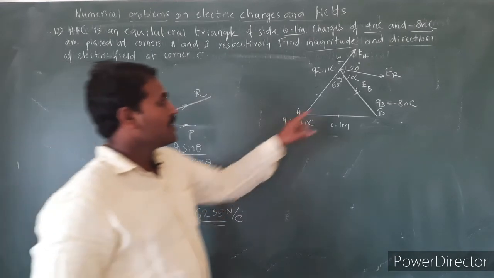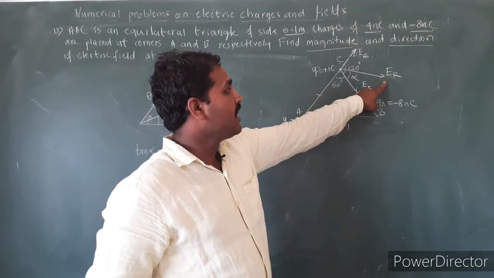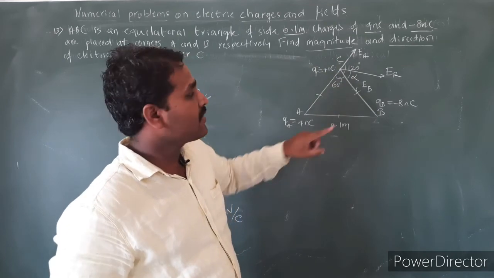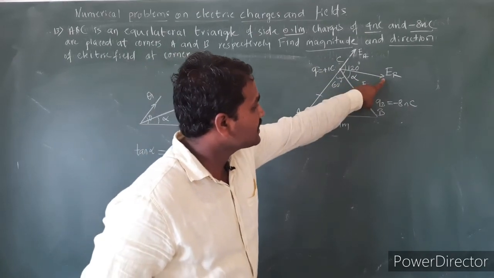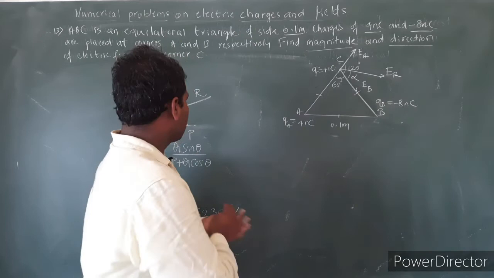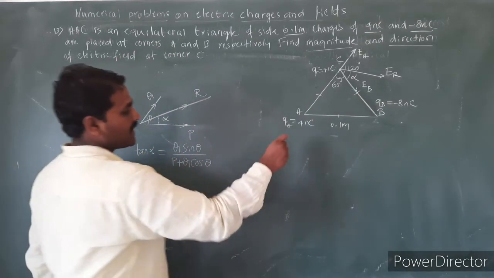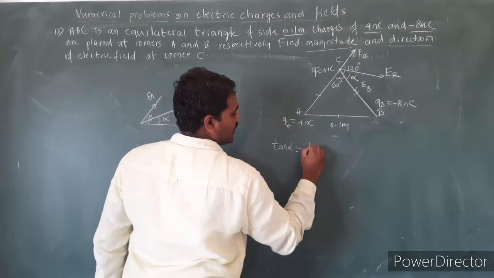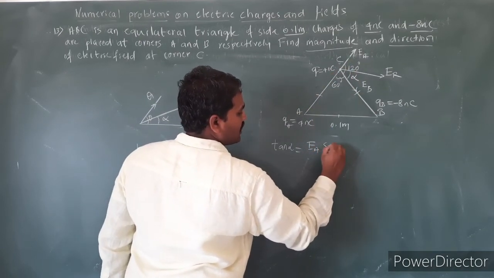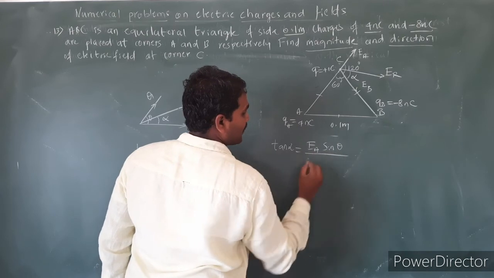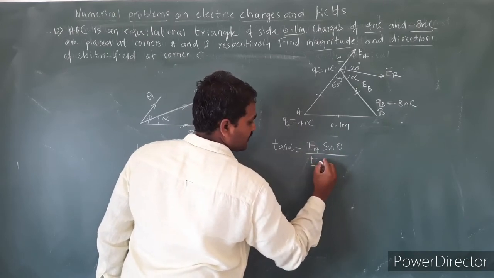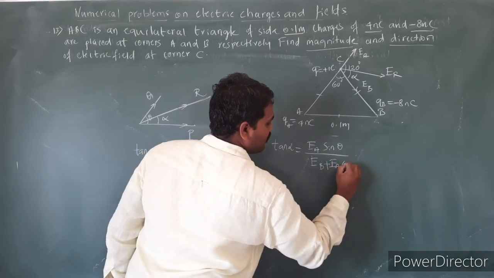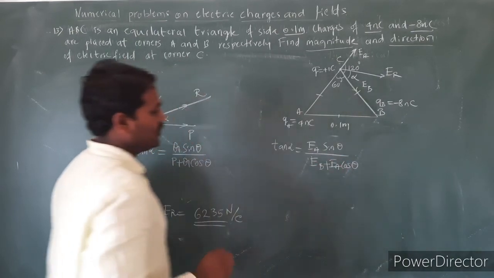Similarly, here my resultant vector is ER, and my constituent vectors are EA and EB, and I have taken alpha as the angle between the resultant vector and EB. So comparing with this equation, I can write tan alpha is equal to EA sin theta, whole divided by EB plus EA cos theta.